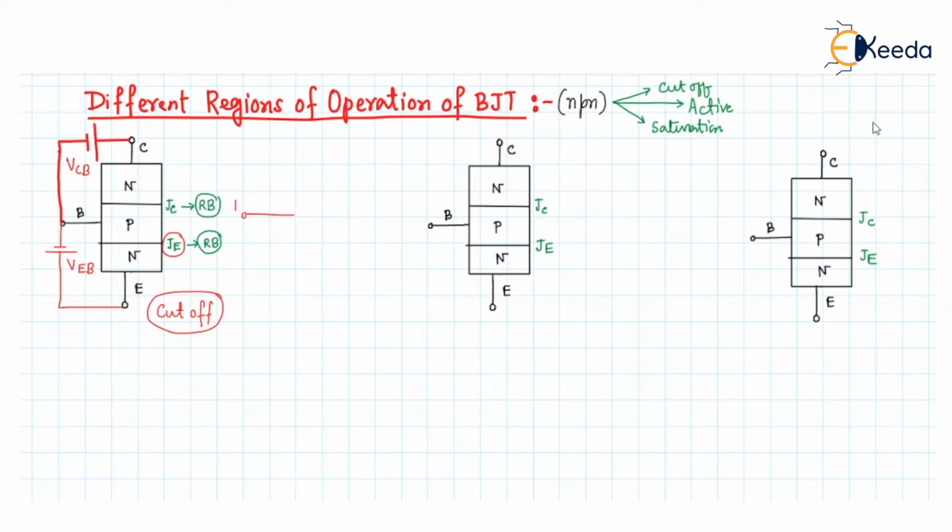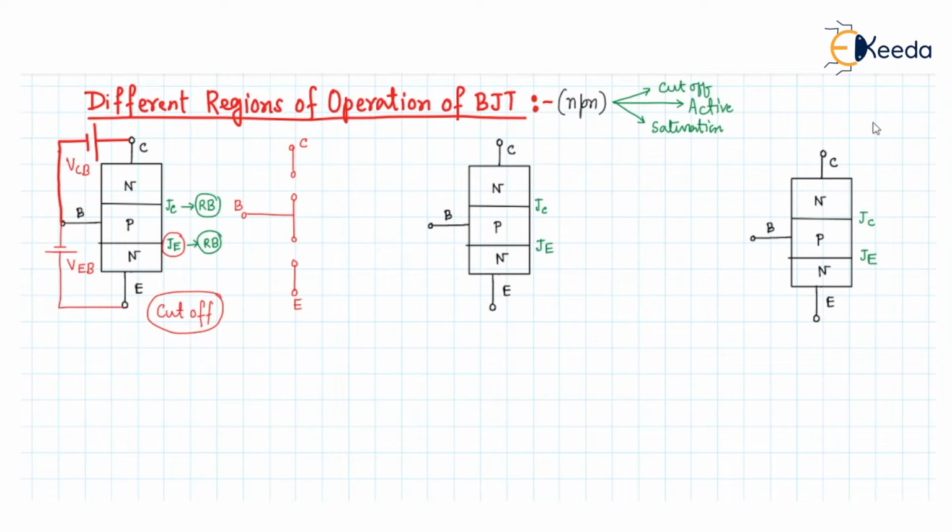This is the base terminal, and this will be an open circuit because it is reverse biased, and here will be the emitter terminal. Similarly, the JC junction is reverse biased, so the collector junction will also be open. So this is the equivalent circuit diagram of the NPN transistor when it works in the cutoff region.